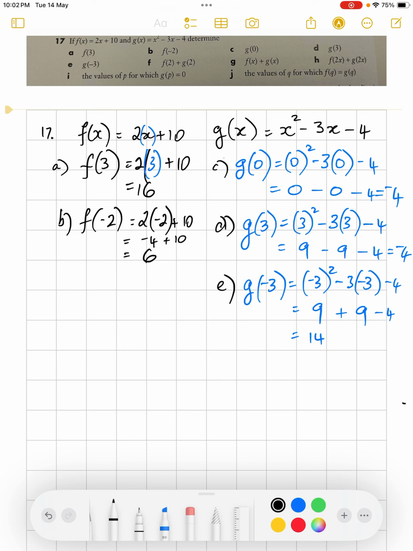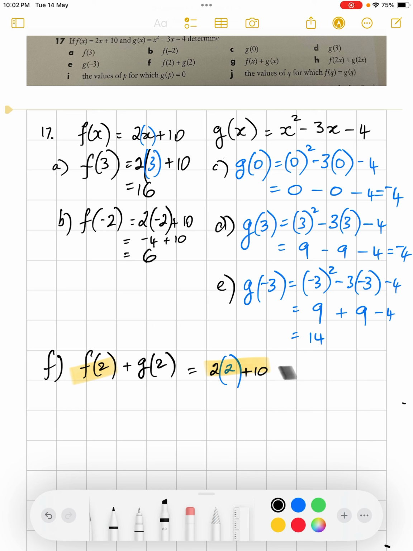Part F. I'll do F here. And this is the f function of 2 and the g function of 2. So we have to put 2 in the f function. So that's 2 times 2 plus 10. That's the f function. Let me just highlight the f function here.